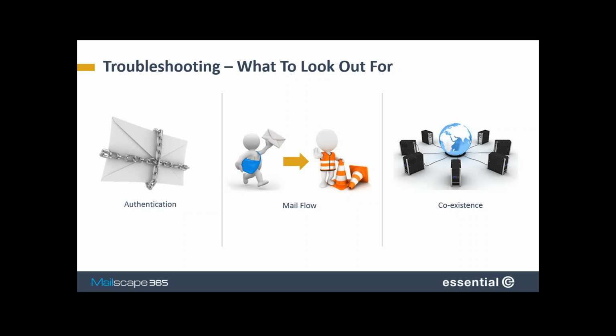For instance, mail flow, it's very basic. Mail flow is getting a message from A to B. But why is that important, and why should you be looking out for that? Well, in a hybrid deployment, there are two types of mail flow. There is external mail flow, which means that you're sending messages to the internet or receiving messages from the internet. But there's also that hybrid mail flow component that sends messages from on-premises to Office 365 and back, especially if you have half of your users on premises and part of your users in Office 365.